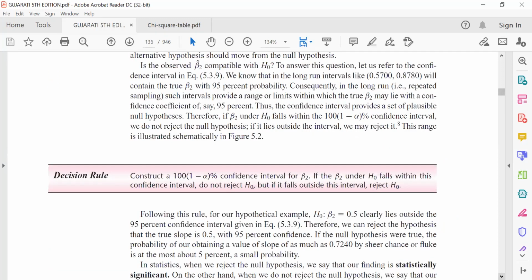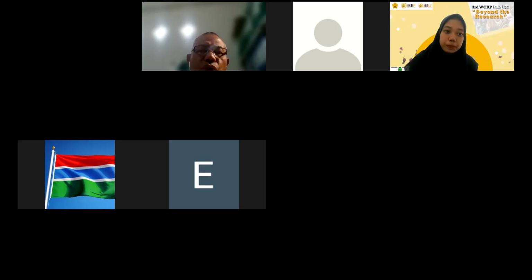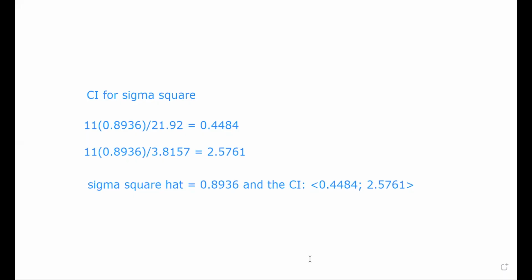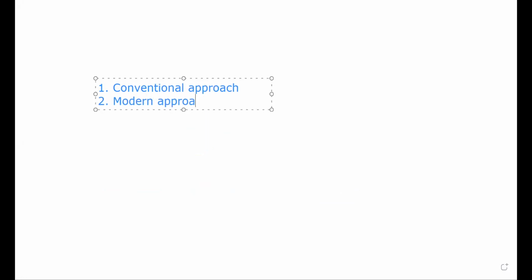Now, decision rule. I have explained before. We have two approaches. First, we have the conventional approach, and the second one is the modern approach.